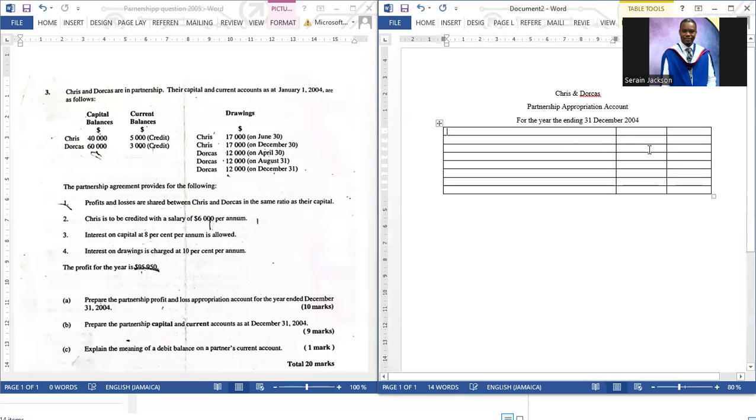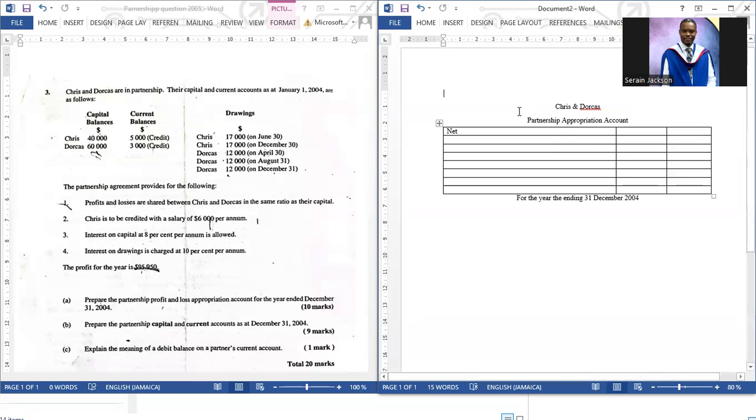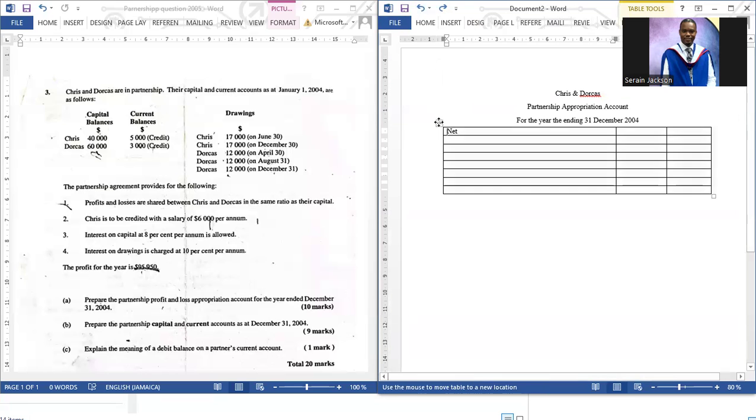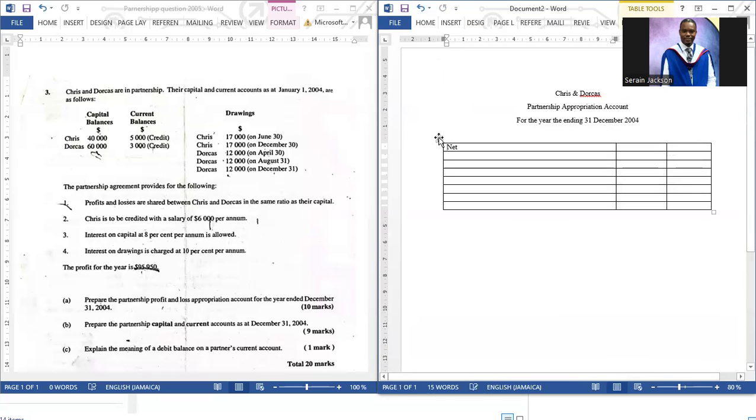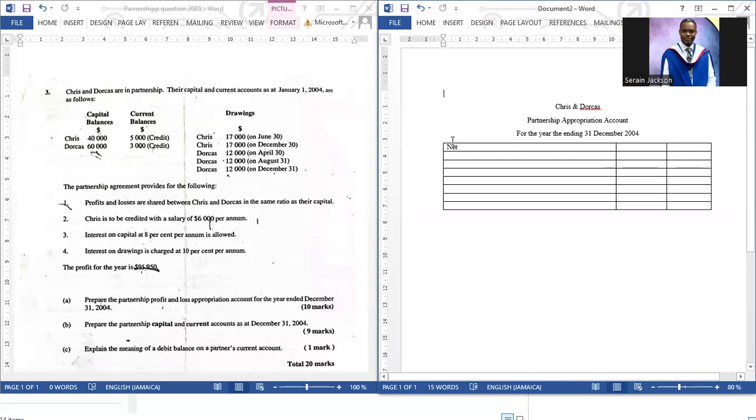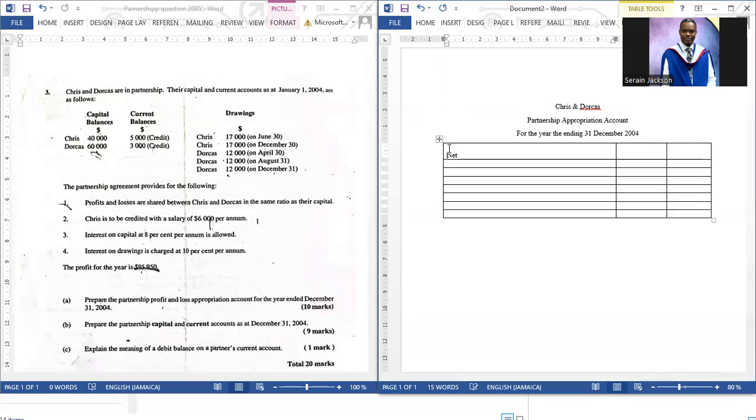So we start off with our net profit, right? The net profit figure that was given to us is 95,950.